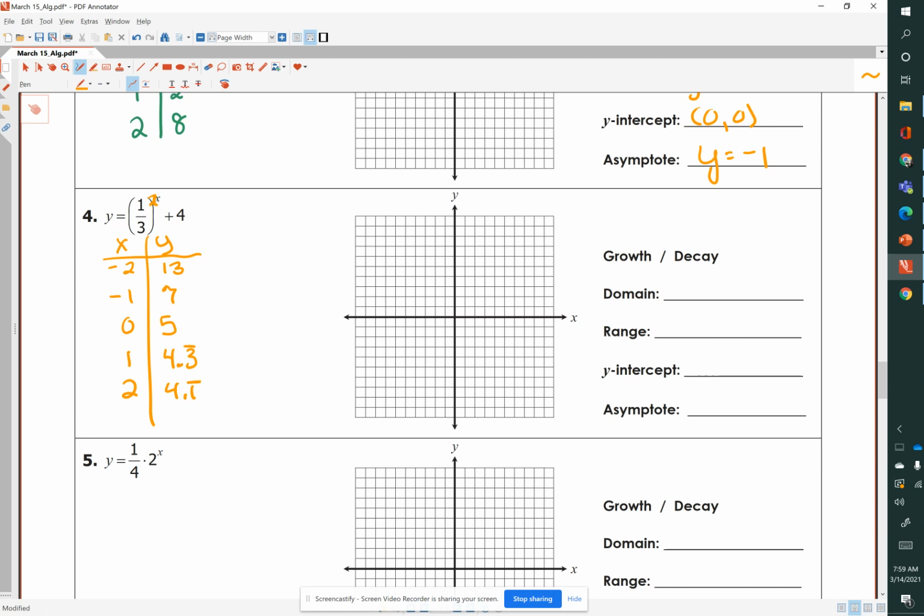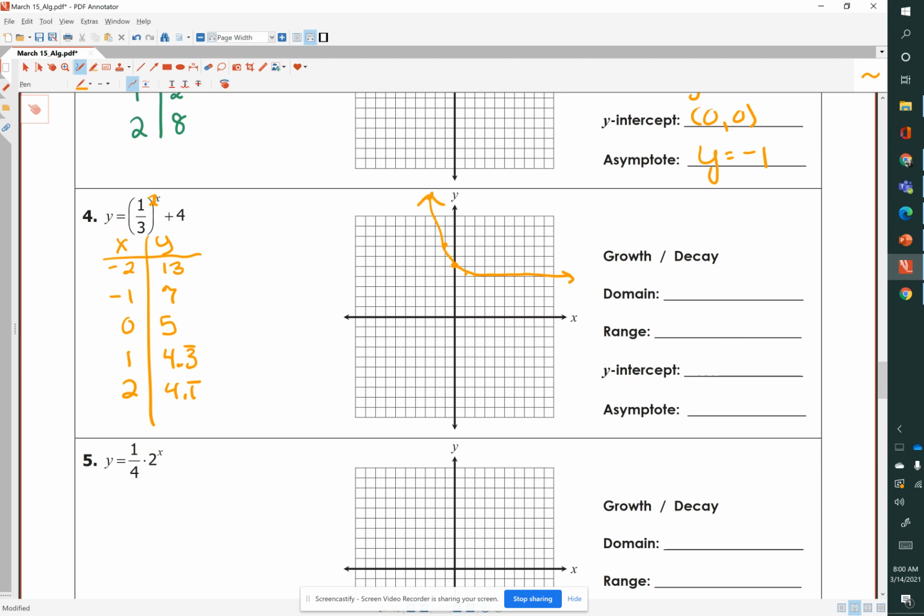So if we plot those points, -2, 13 would be way up here, -1, 7, 0, 5, there's our y-intercept, 1, 4.3, and 2, 4.1. Draw a line as smooth as we can.